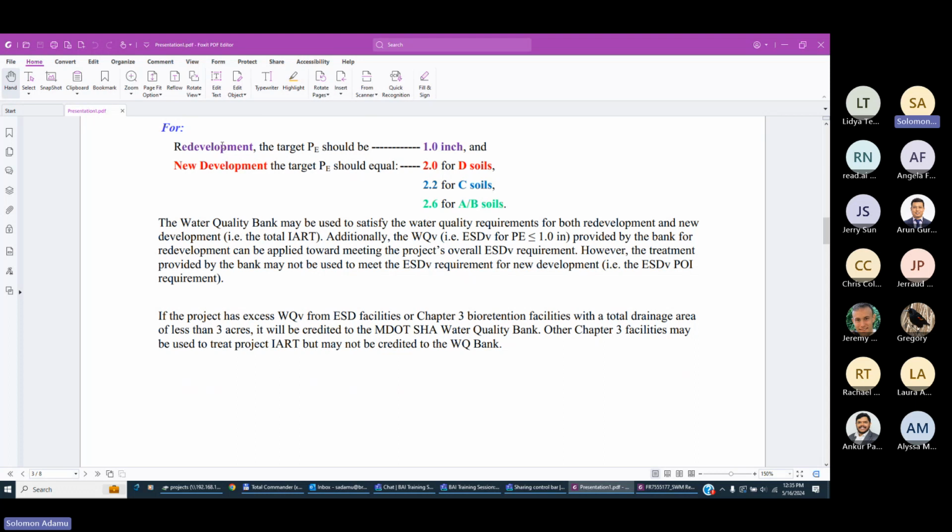Even for redevelopment, it's sometimes not pure redevelopment, because we may have some net increase in impervious area. So for that net increase in impervious area, we have to provide more volume.